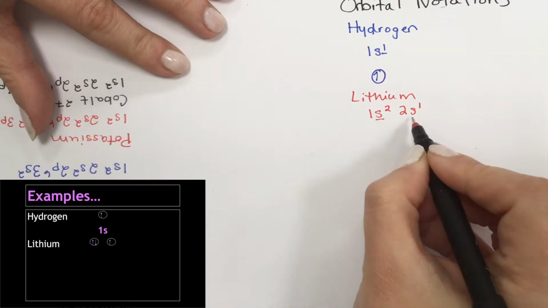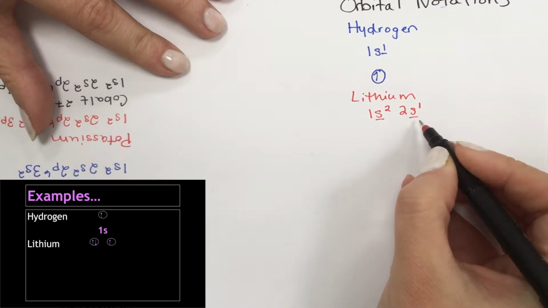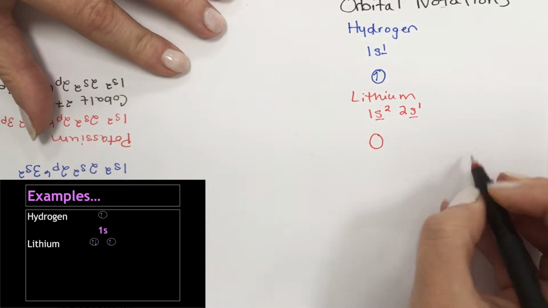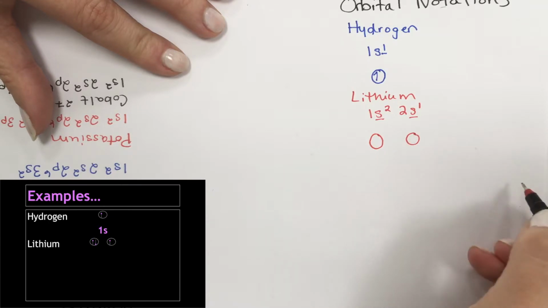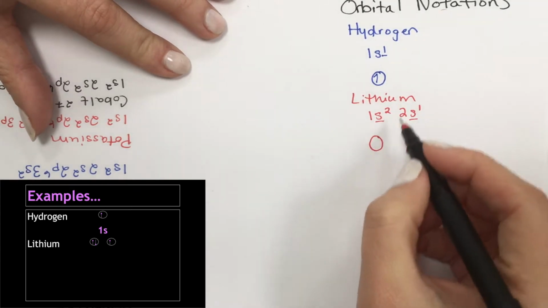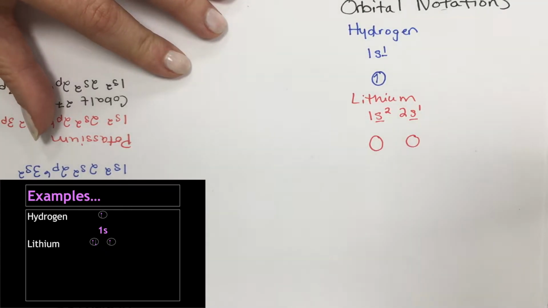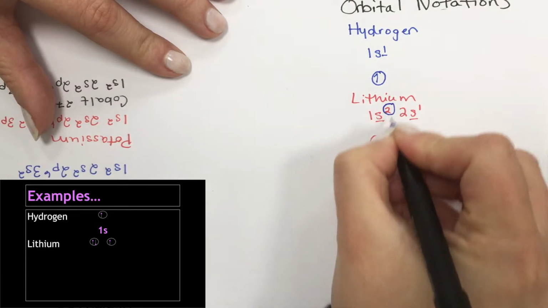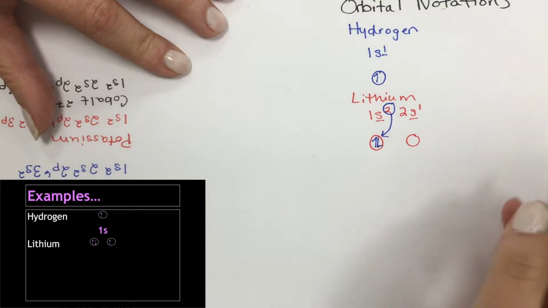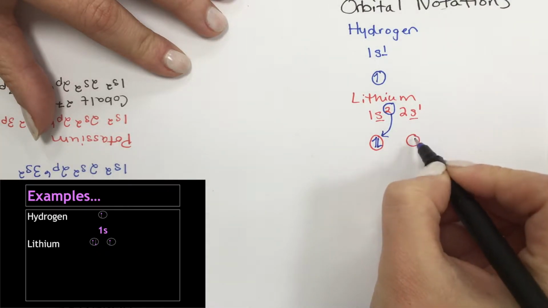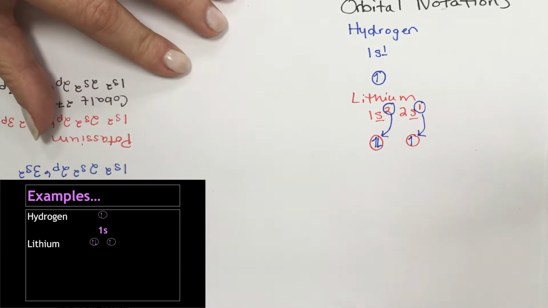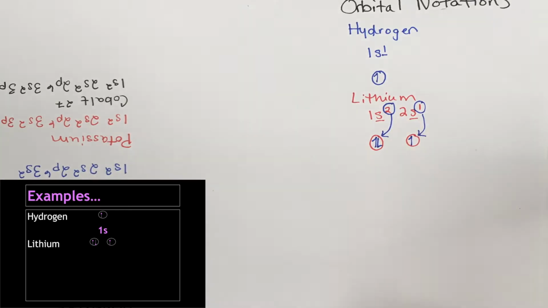For every one of these, S sublevels have one circle. P's have 3, D's have 5, F's have 7. We'll do some more examples. So lithium, in this sublevel, you'll have 2 electrons, 1, 2. This is another sublevel, but it only has 1 electron in it, so you have an arrow pointed up, and that's it. That's the orbital notation of lithium.